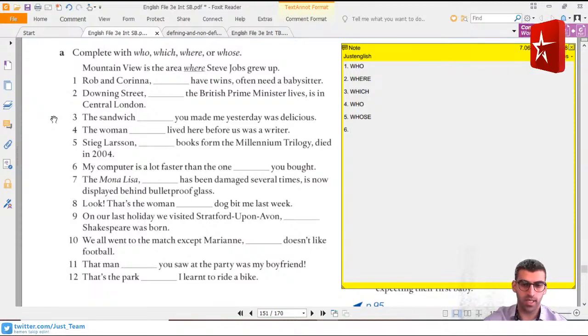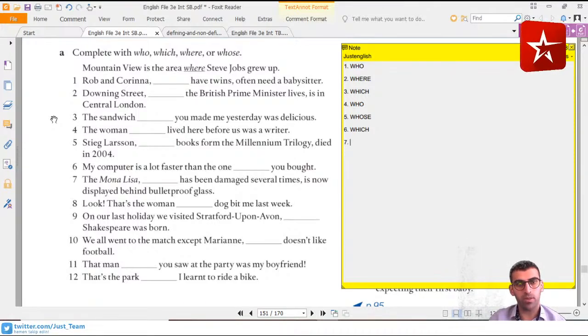Which one is incorrect? We will see. My computer is a lot faster than the one which. Yes, guys, which is a correct answer for number 6, because we are talking about something. So that's why we should use which.